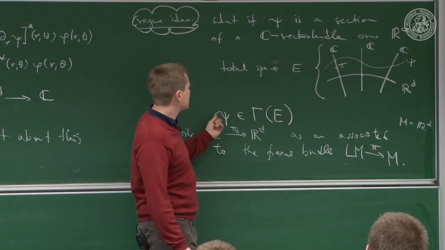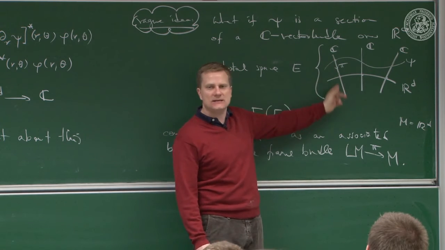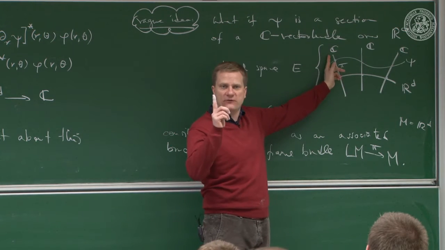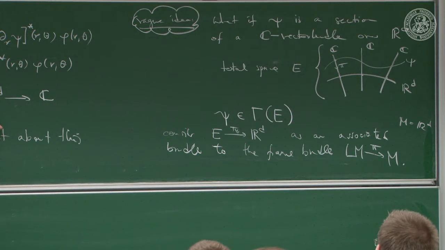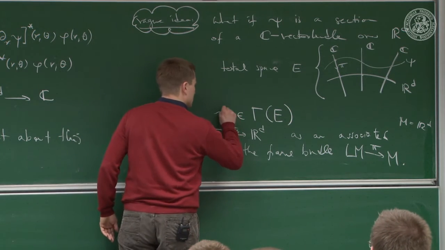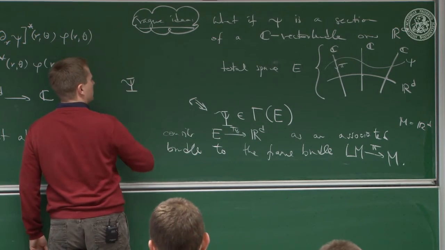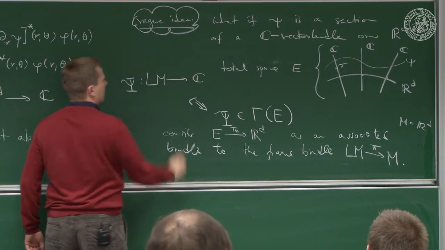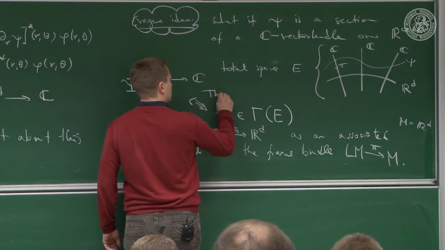So saying that psi is a section of this associated bundle with fiber C is the transition to saying psi is a complex valued function, once again, but not on this space. So let's say the section is shown like this, but it can be represented as a complex valued function on the total space of the associated principal bundle. Okay? So remember, we had a theorem to that effect.